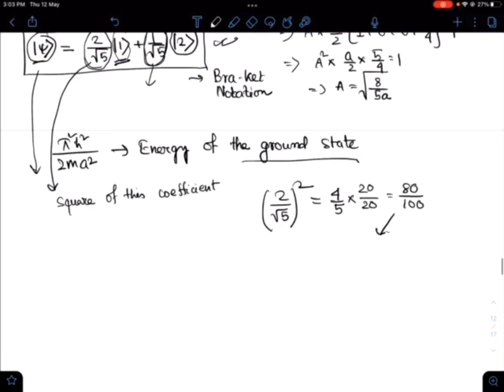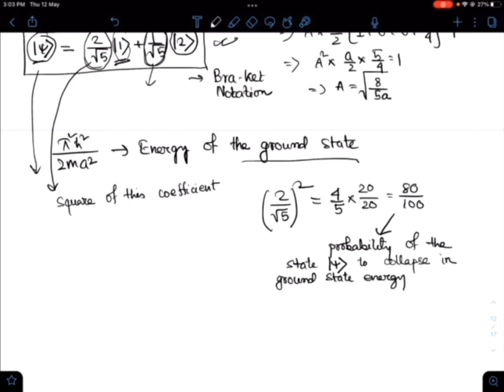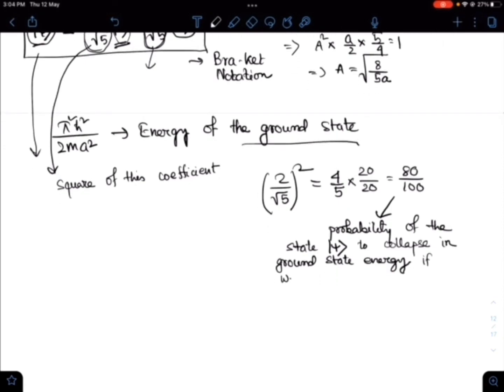So this is the probability of the state psi to collapse into the ground state energy eigenfunction if we measure energy.